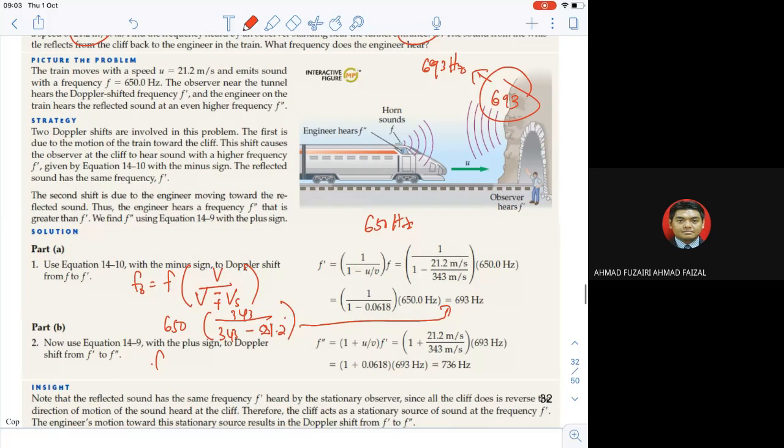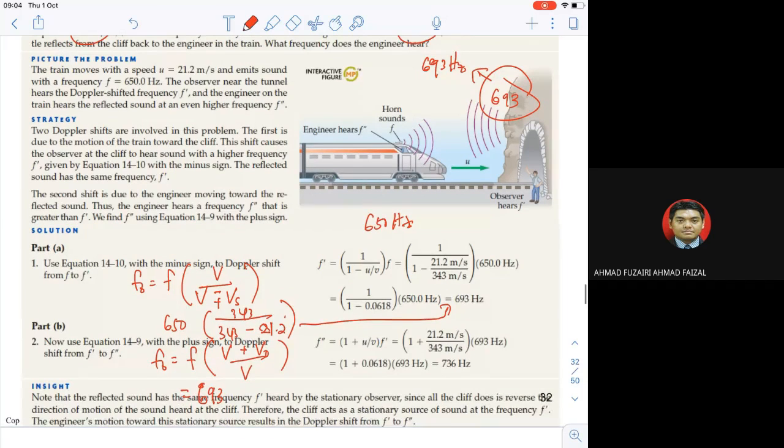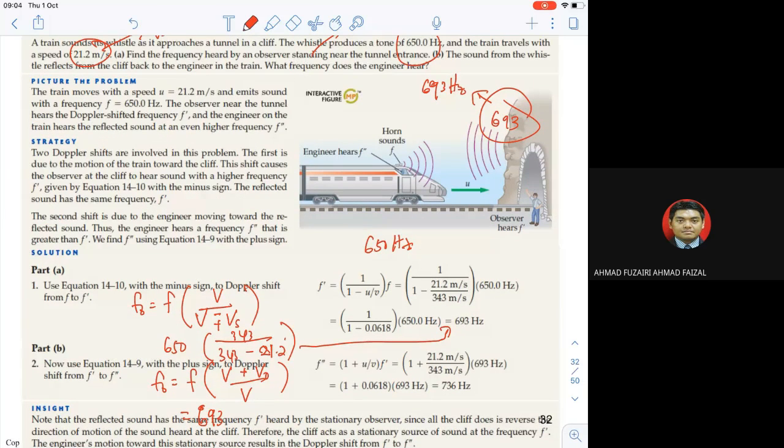FO equals F times (V plus VO) over V. So again, 693. You are not using 650, because right now the frequency delivered by the sound is essentially 693.